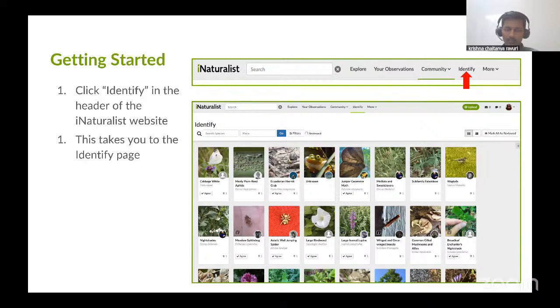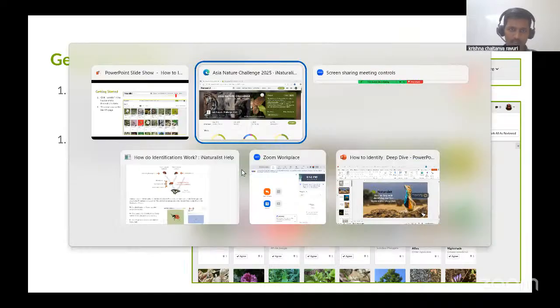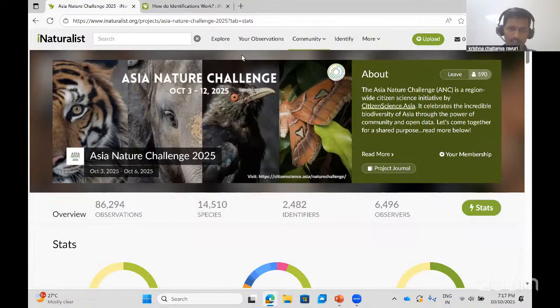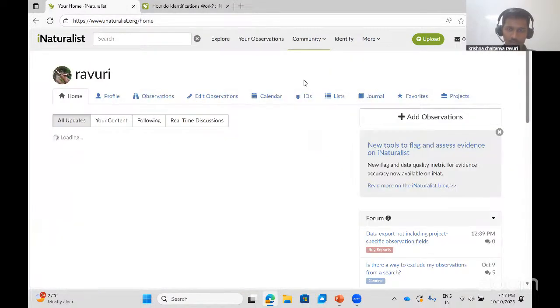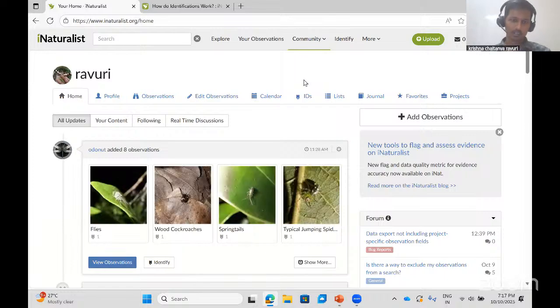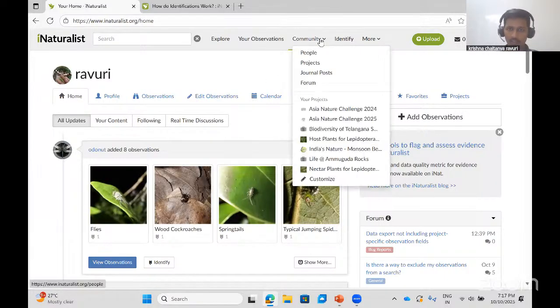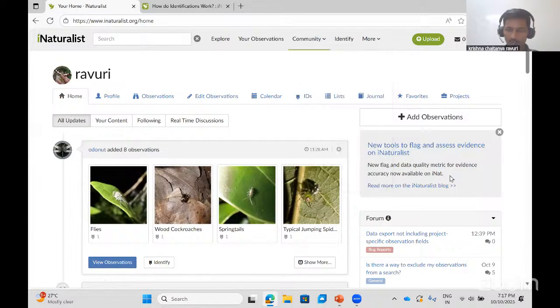Let's get started. I have it handy here, so we can do a live demo. Normally, we start from the home screen and get to the identifications. This is the iNaturalist website, and I'm opening it on a laptop.